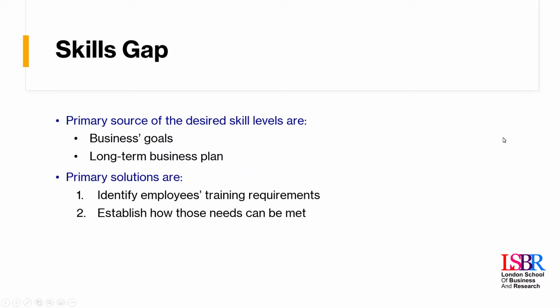But the whole idea is you're looking to identify how you can improve the desired skill levels in line with the business's goals, in line with the business's long-term plan. It's about aligning your primary solutions that identify employee training requirements and establish how those needs can be met. Again, not all employees can be trained. For example, you might have someone that's close to retirement.